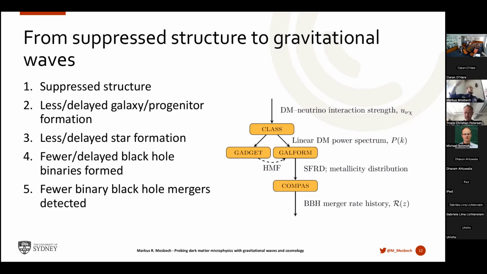How big are they? Giving us essentially a black hole merger history for the universe. And the question is, can we detect this, and can we see a difference between lambda CDM and our interacting model?